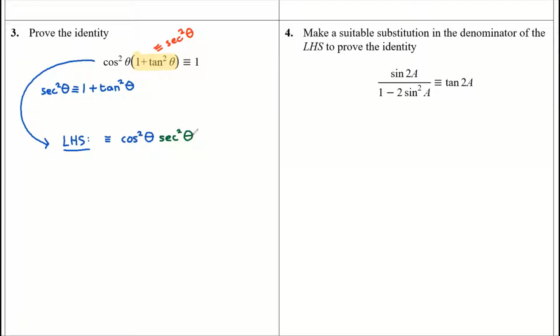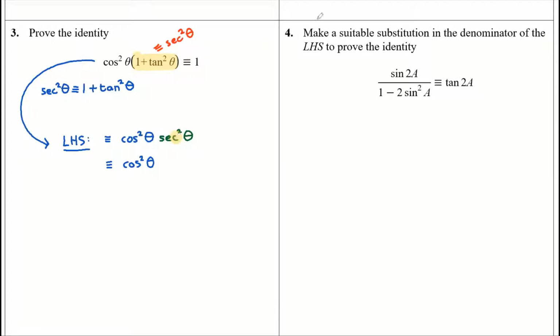Now, if you know that, you'll know very quickly that the left-hand side is now going to be identical to cos squared theta, but sec squared, if we use the third letter rule, of course, is 1 over cos squared.